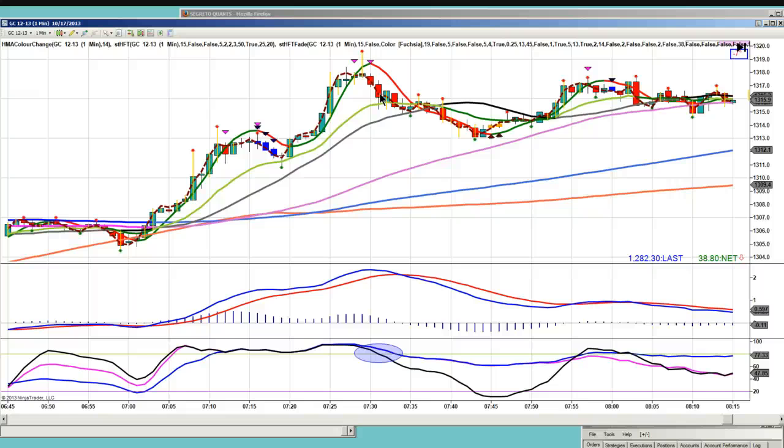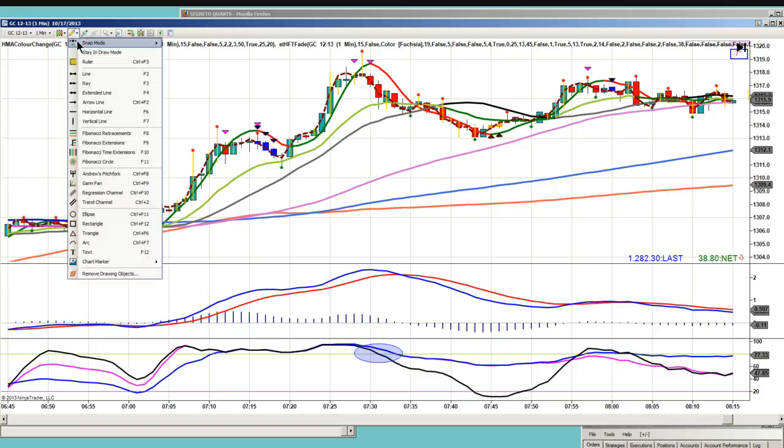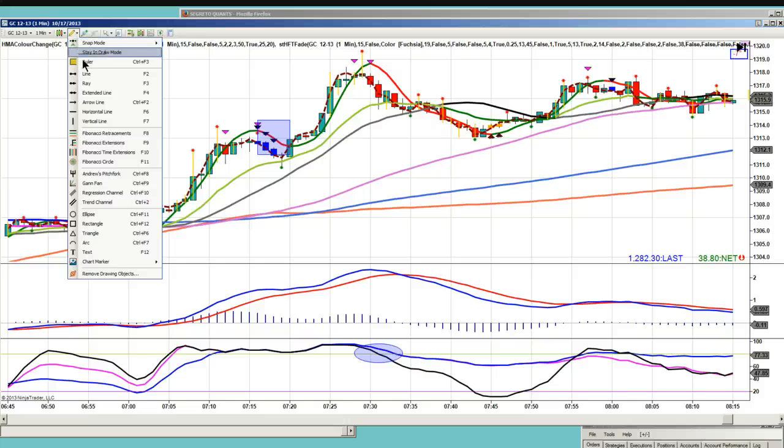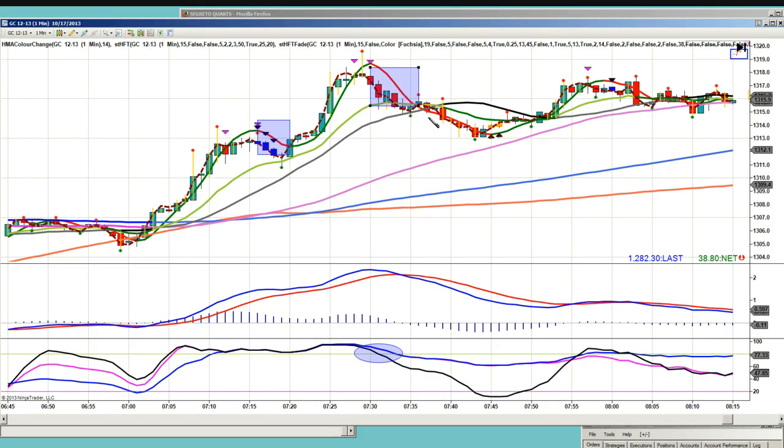The HMA. No, the HMA color change does not say we're going to break through the 13. No, no, no. The question was, if I get an HMA color change, so we're changing from green to red, does that mean that the price is going to reverse? Is it going to break through the 13 and continue so I can grab more ticks?